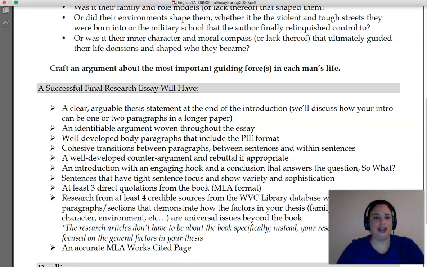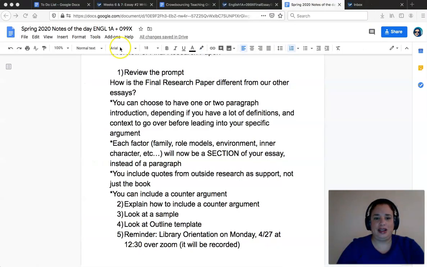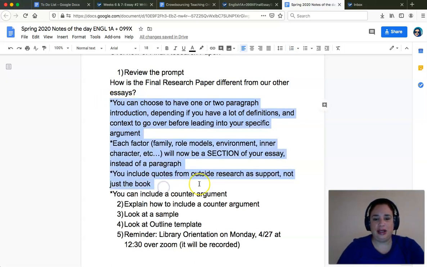So let's go back to kind of the overview of how is this paper different overall. And then it will help once we look at the sample.